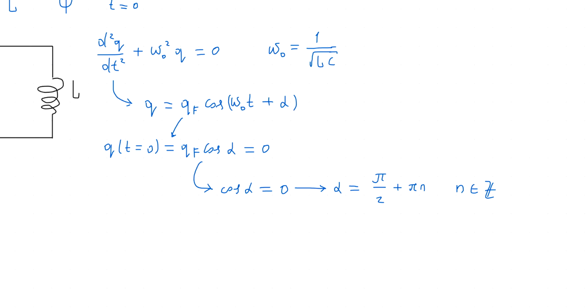We may choose any of these values, but as we will see in future, the best choice is minus pi divided by 2. So let's choose alpha equal to minus pi divided by 2.